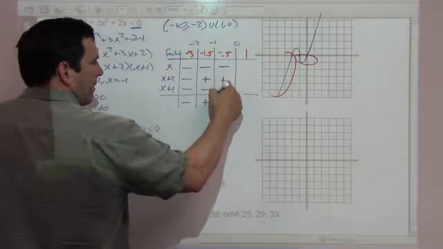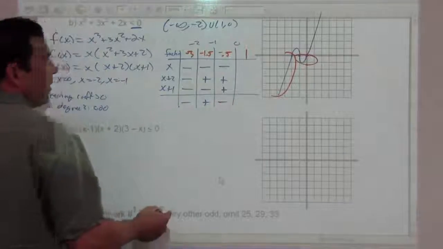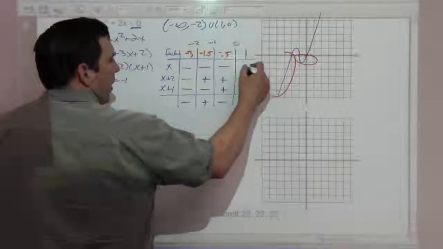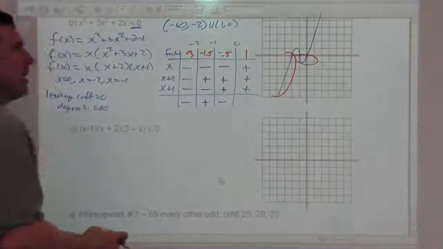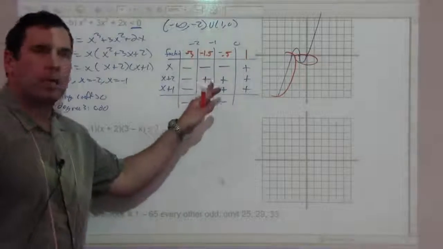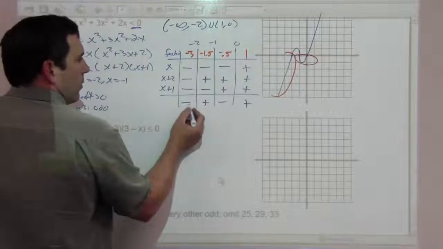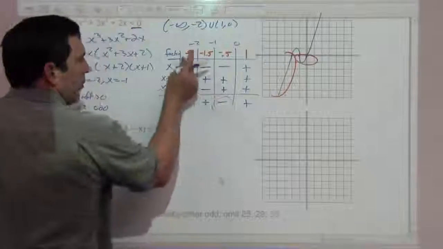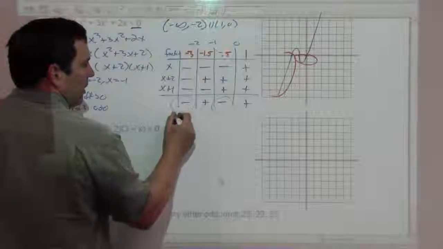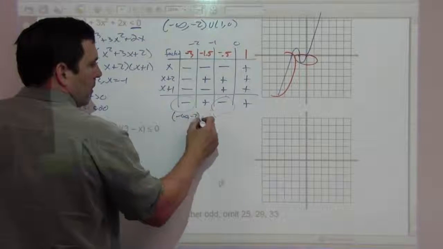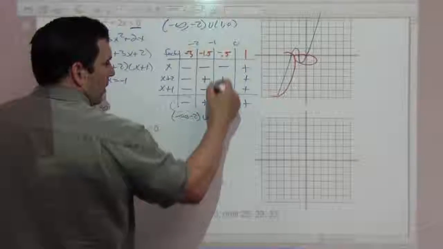So negative times a positive is a negative. And putting 1 in all of them, you're going to get positives. And suffice it to say, once it goes positive, being linear, it's going to stay positive. So we're talking this region and that region, which corresponds to negative infinity up to negative 2, and then this one from negative 1 to 0.